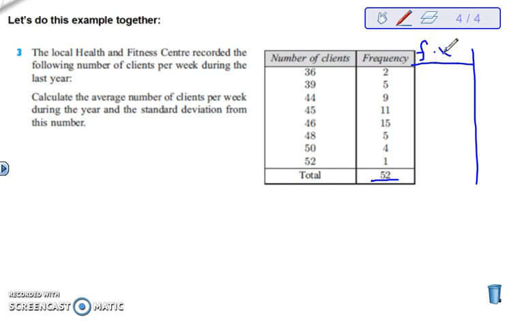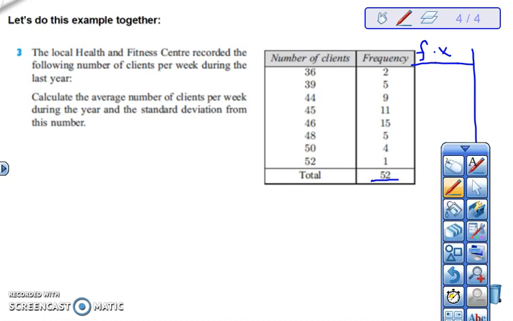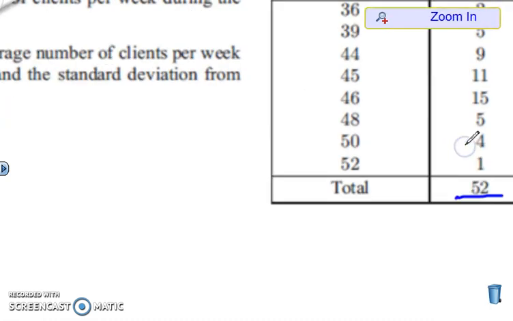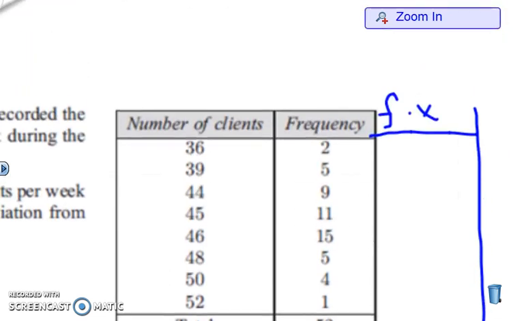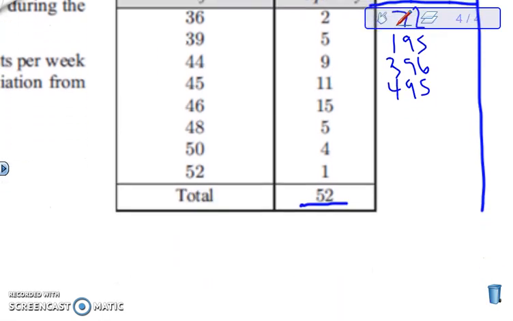We're going to make this little column. 36 times 2 is going to give us 72. 39 times 5 gives us 195. 44 times 9 gives us 396. 45 times 11, 495, and so on.